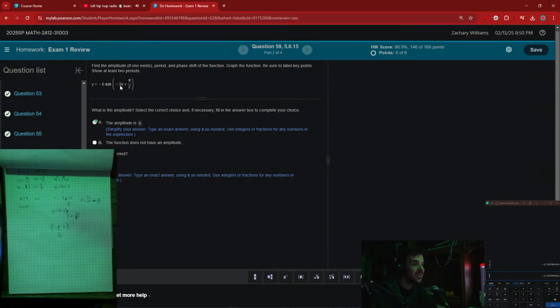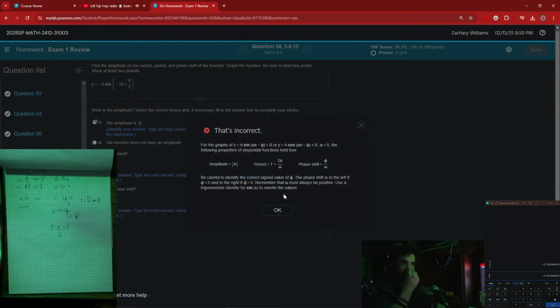I believe that's true. Which just cancels both of them out. Well, it looks like that's what they're trying to do here. I believe phase shift is negative pi over 6.